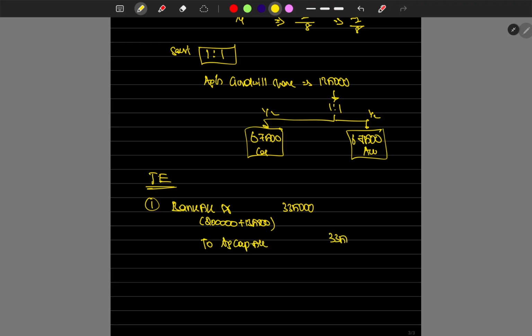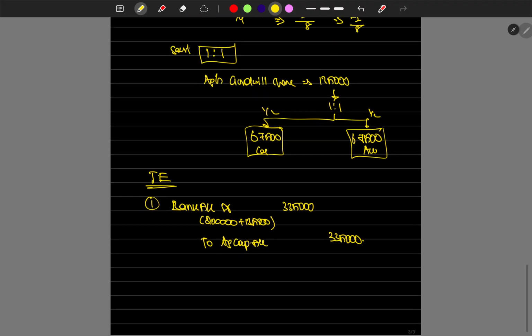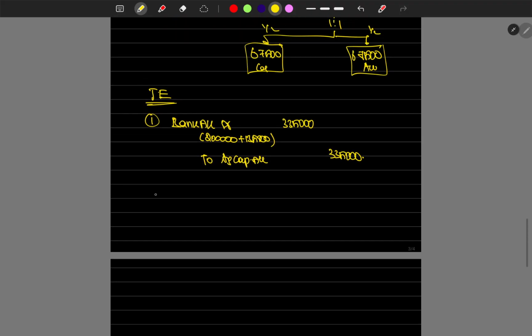Now he has to pay the goodwill share amount to the respective partners, right? So AG's capital account debit to CU capital account and AU capital account. How much? 67,500, 67,500, 1,35,000.